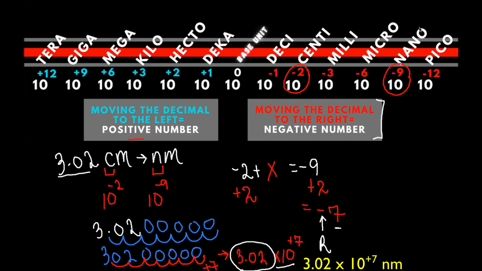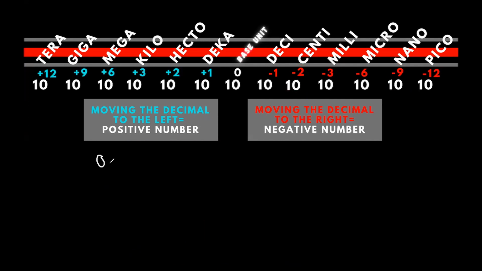Let's go ahead and do another example. Say that we have 0.031 kilograms, and they're asking us to convert that to milligrams. So again, we're going to focus on the exponents. We have positive 3 for kilo, and for milli, we have negative 3.